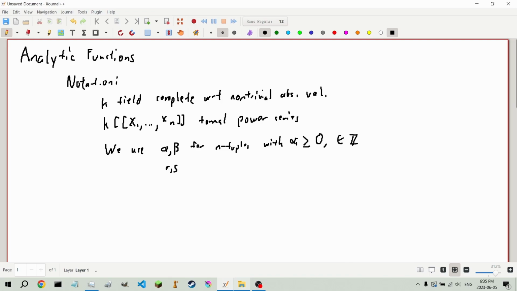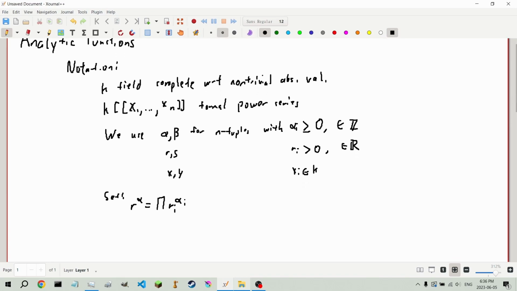Likewise R and S are for n-tuples of strictly positive real numbers, and x and y are also going to be n-tuples whose components are from our base field. We're going to set r to the alpha to be the product of each component r_i, which is a positive real number, to the power of alpha_i, which is a non-negative exponent.